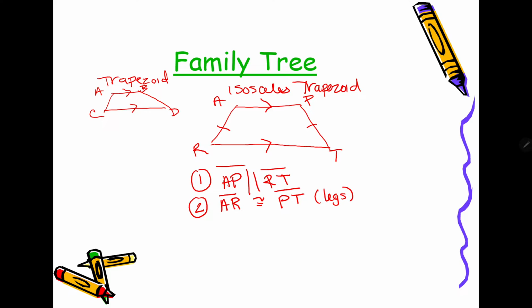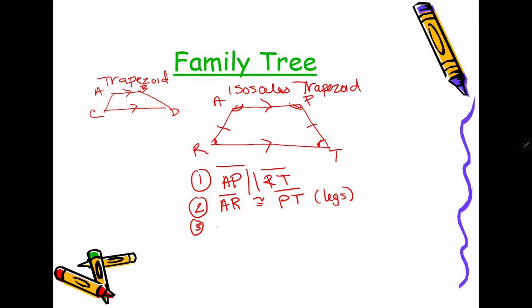We know that the base angles are congruent. The base angles means that we have two bottom angles, that's one of the bases, and then angle A is going to be congruent to angle P. Those are the top base angles. The bases are the sides that are parallel, and the base angles are the angles that correspond with them.